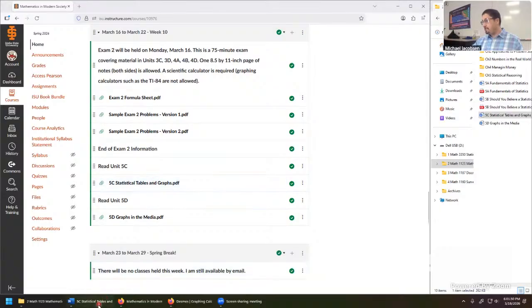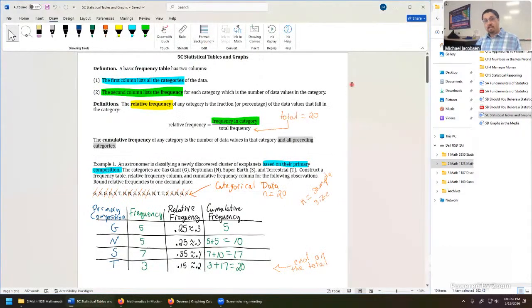Here we are in Unit 5C in Statistical Tables and Graphs. And we are working through these 3 brand new definitions, working in creating a frequency table, a relative frequency table, and a cumulative frequency. The idea here for building a frequency table is that frequency is just going to tell us the number of times certain outcomes occur according to categories that occur in the data.